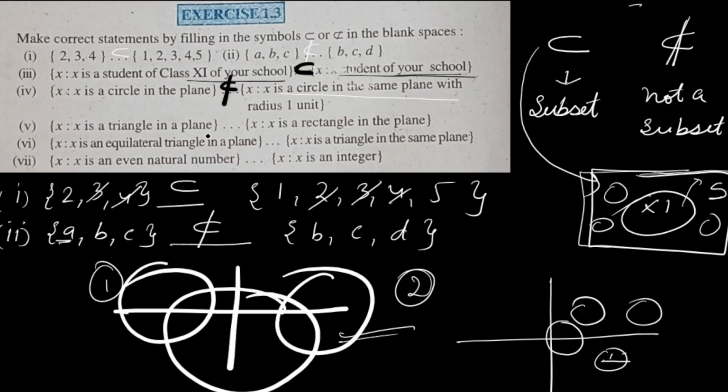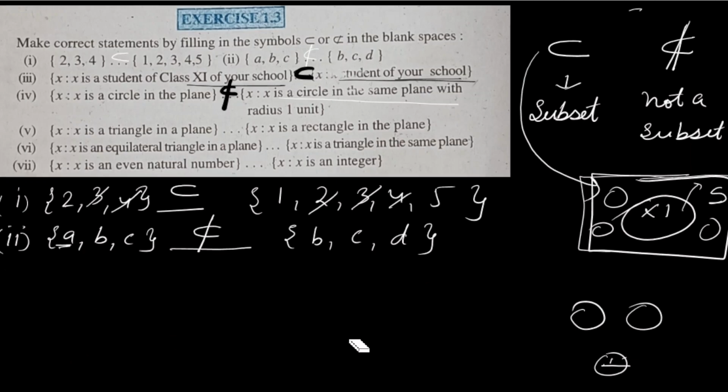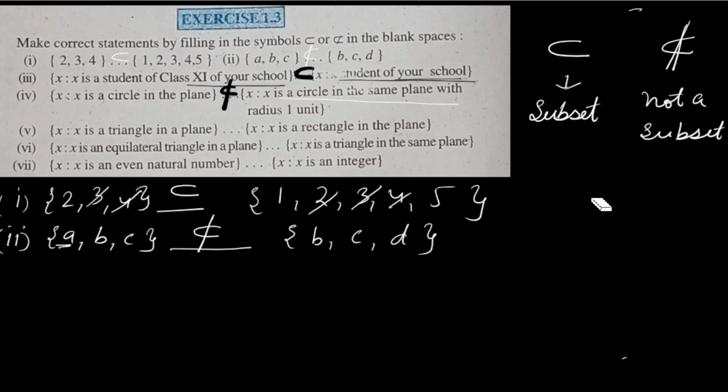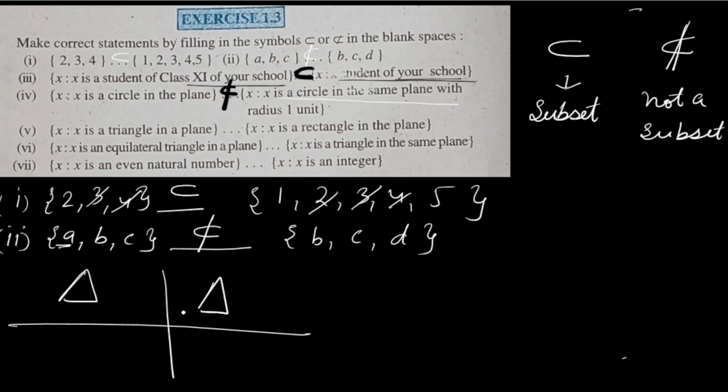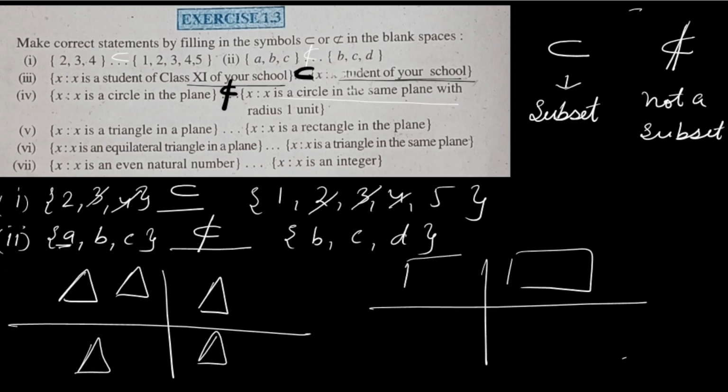X is a triangle in a plane and X is a rectangle in the plane. So first set is X is a triangle in the plane, and second one is X is a rectangle in the plane. So let's see. See, if this is a plane. So first set is a triangle. Anywhere it can be, because it's a set of triangles in a plane. Okay, so second set is what? It's a rectangle.